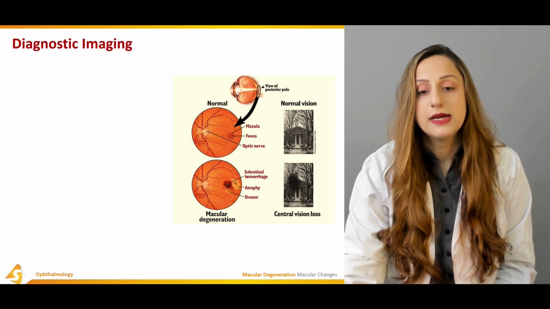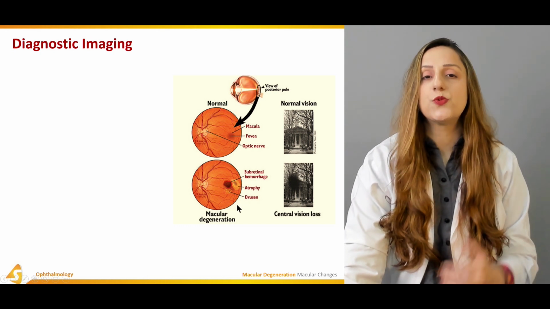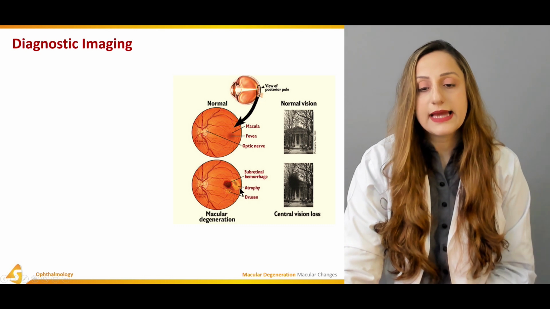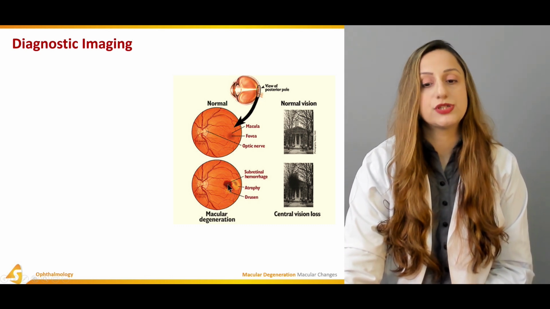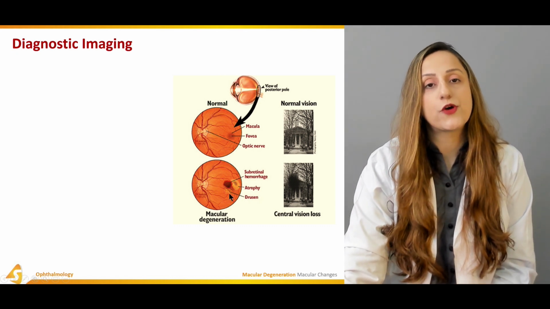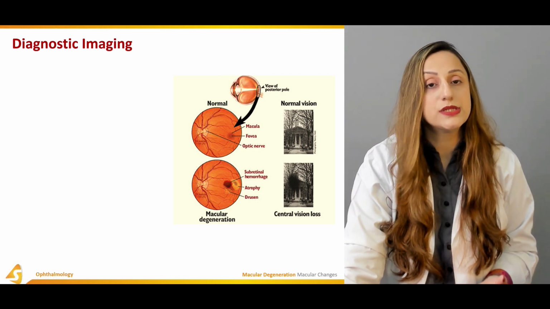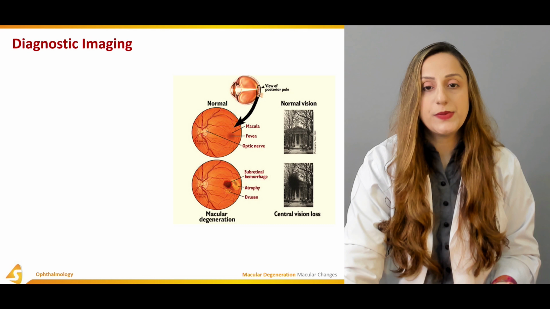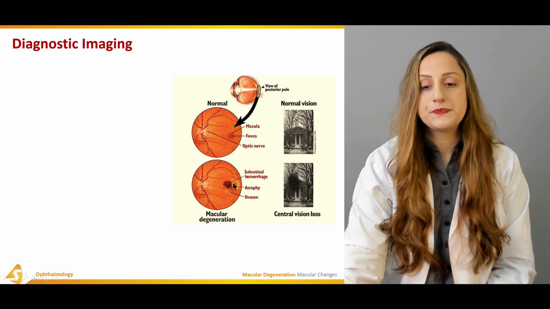And over here you can see, in case of macular degeneration, what are the clinical findings? It can be the subretinal hemorrhage in case of the exudative form of the macular degeneration. It can be the atrophic changes, and then we have the Drusen formation. Drusens are another name for the exudates that can be found on ophthalmoscopy, and that are again going to point towards the macular degenerative changes.